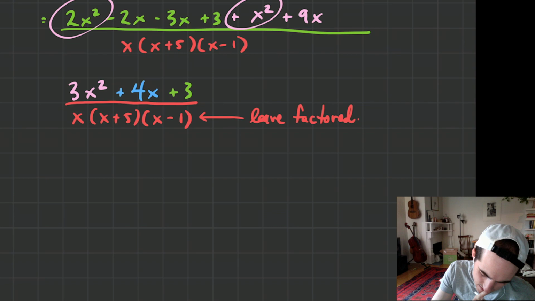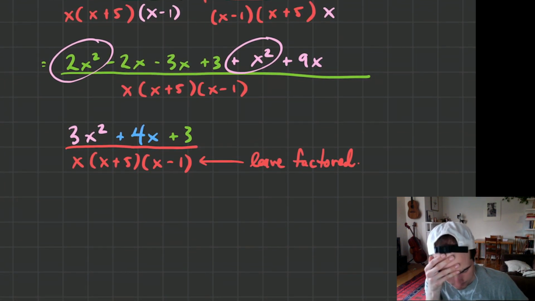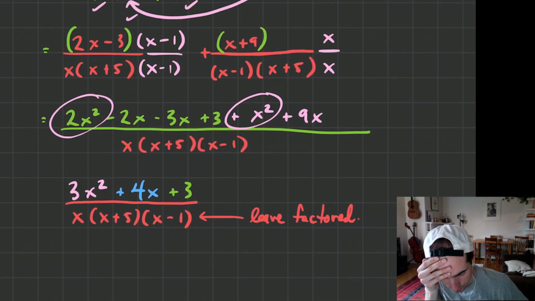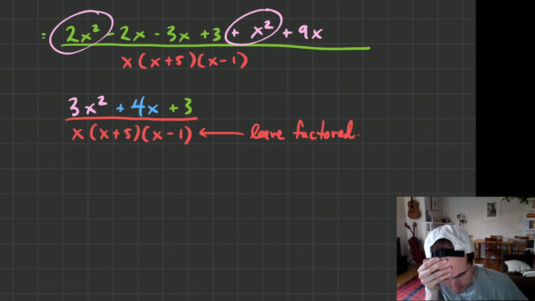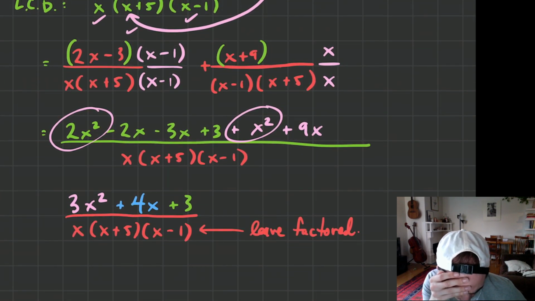I don't think that this is factorable. I don't think I've done anything wrong. It is 3x squared plus 4x plus 3. Yeah, because negative 5 plus 9 is 4. Do you see something? Did I make a mistake?